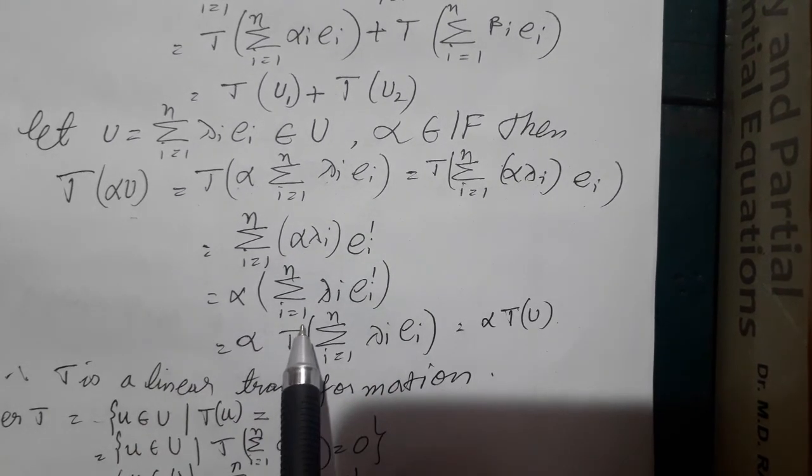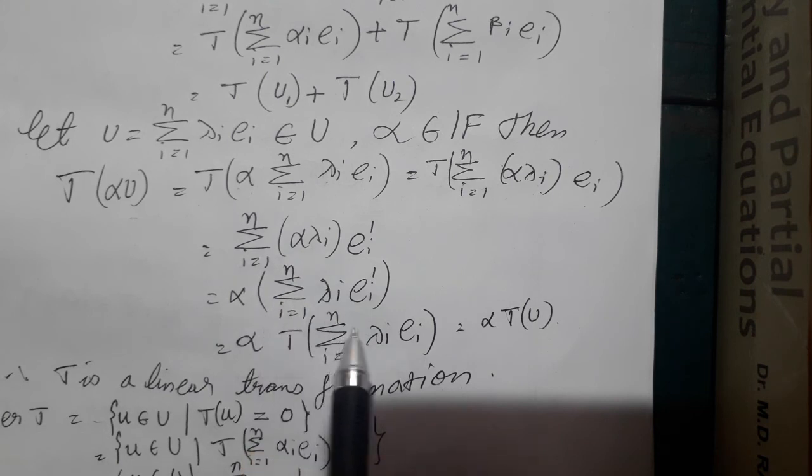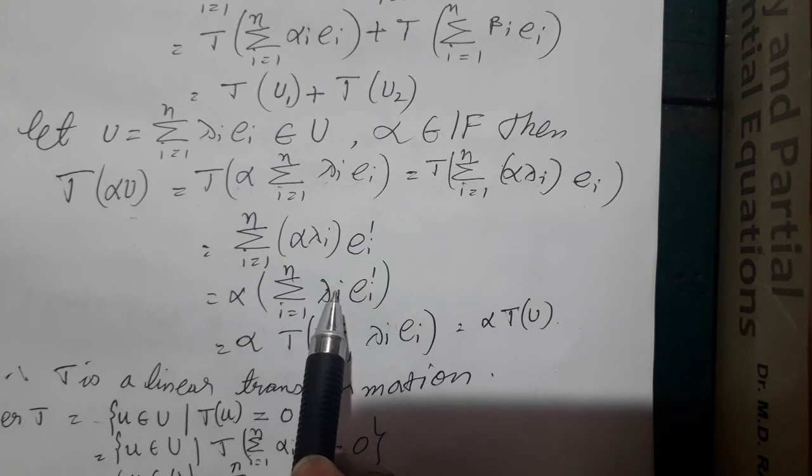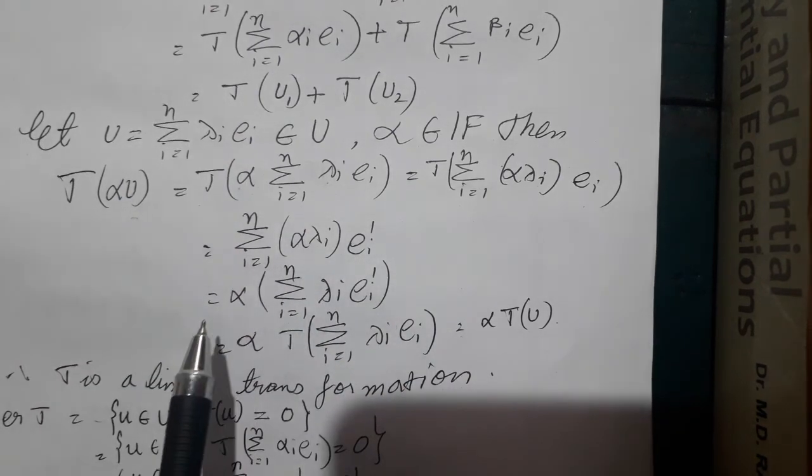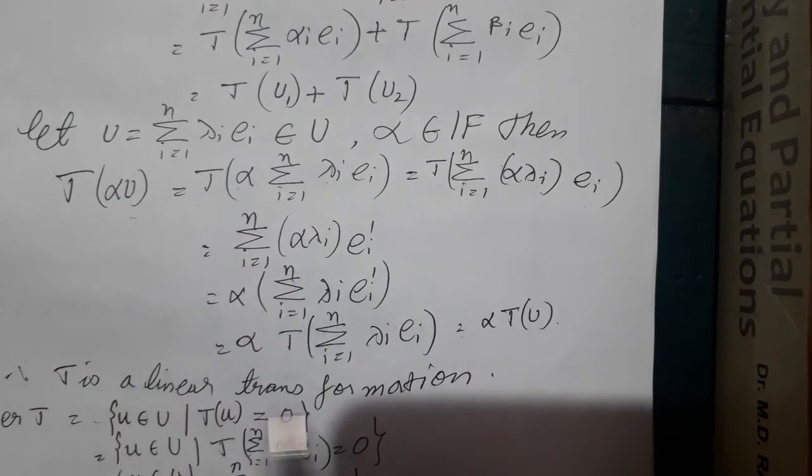So we have summation i equal to 1 to n lambda i e_i dash. If I reverse back the definition of T, we get alpha times T of summation i equal to 1 to n lambda i e_i, which is nothing but u. So we get alpha T u. These two properties show that T is a linear transformation.